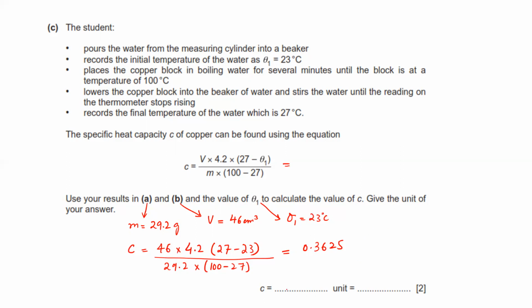So my value of C comes out to be 0.3625. And remember the units of C, specific heat capacity: it is joules per gram per degree centigrade or joules per kilogram per degree centigrade. Either one of these is fine.